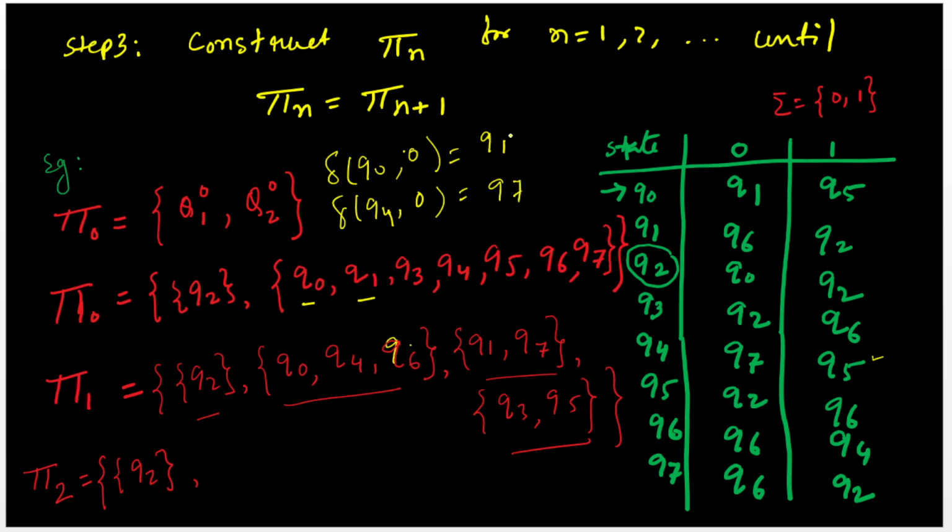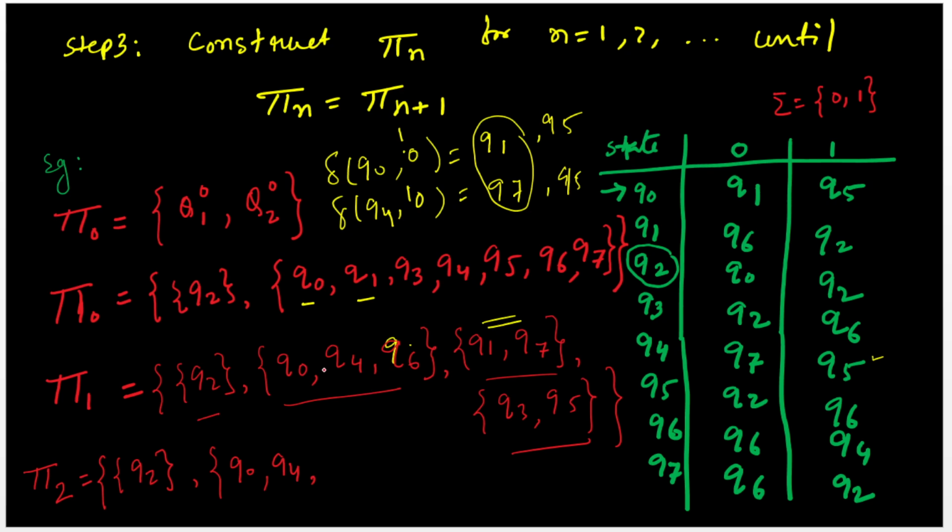Look, Q1 and Q7 belong to the same equivalent class of pi 1, so no problem. Now if we take 1, Q0 gives you Q5, and Q4 on 1 gives you Q5. Obviously Q5 belongs to the same equivalent class of pi 1. So Q0 and Q4 will go into the same equivalent class of pi 2. Q0 and Q4 will be in the same subset.